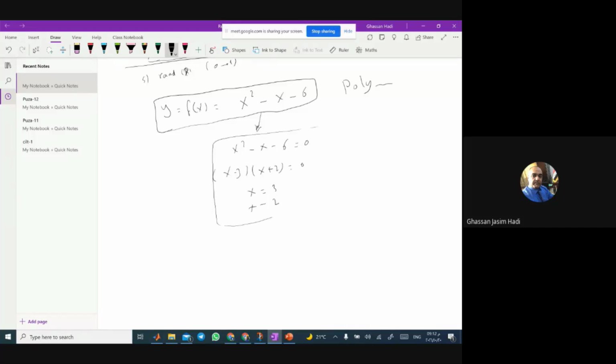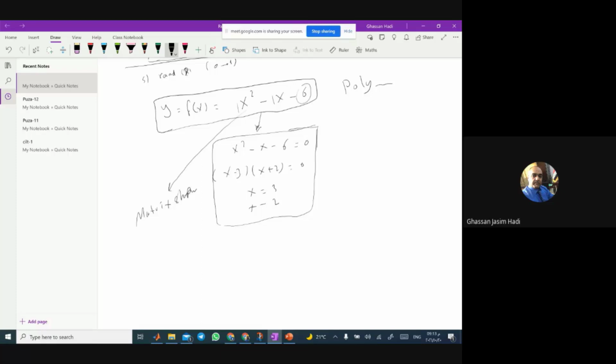Now, let's solve this in matrix form. It's so easy. If we convert this to matrix shape, we just have to take the coefficients here.